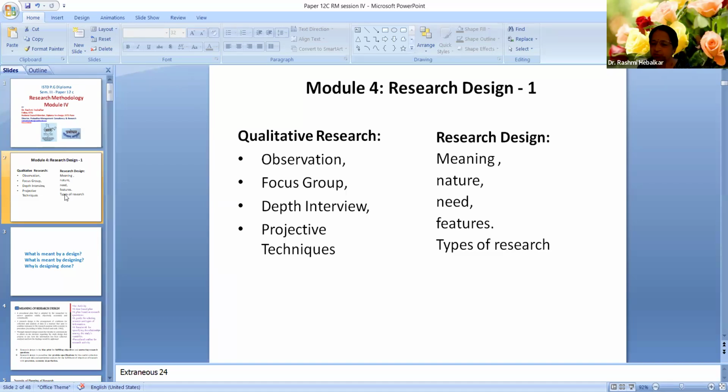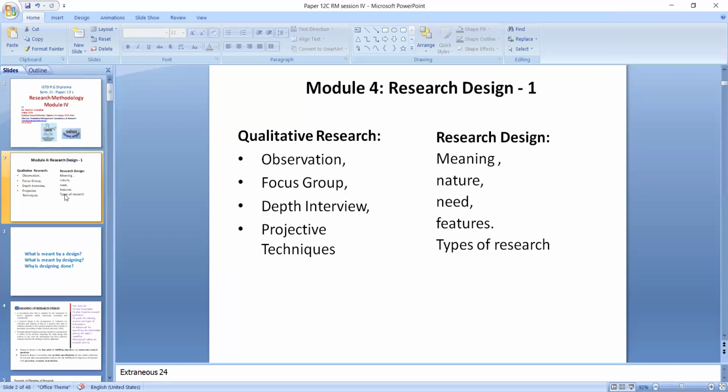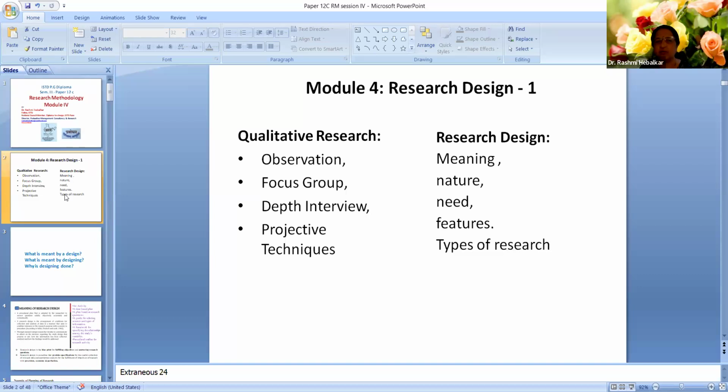Okay. Anyone remembers what is qualitative research? In the first session, we talked about types of research. Anyone remembers? Qualitative and quantitative, these are two terms, and the word itself indicates something.